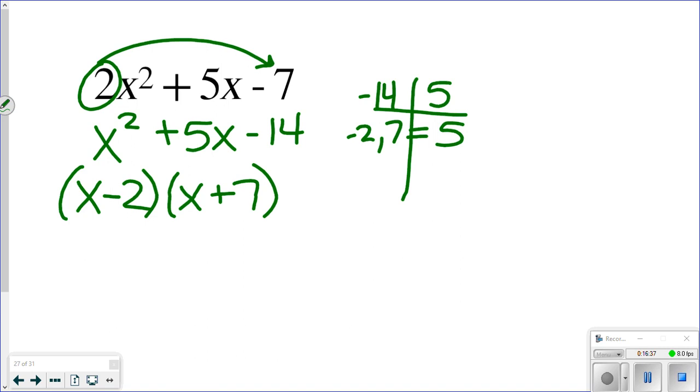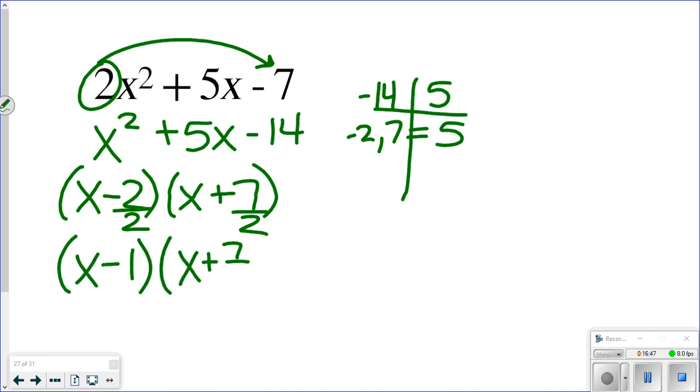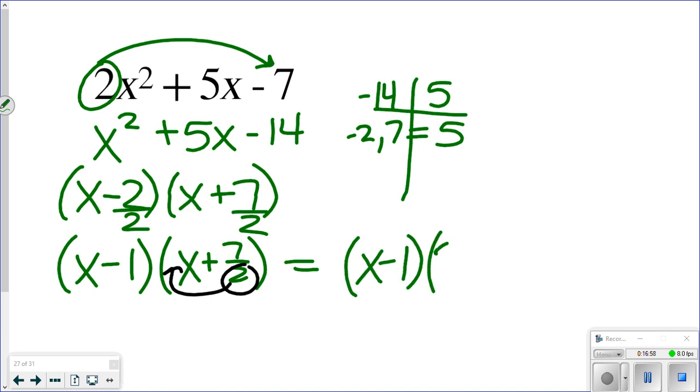They also multiply to get negative 14. Divide by that leading coefficient. Reduce if possible. Slide this back in front. So x minus 1 and 2x plus 7.